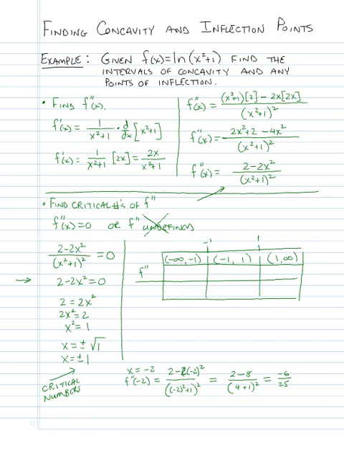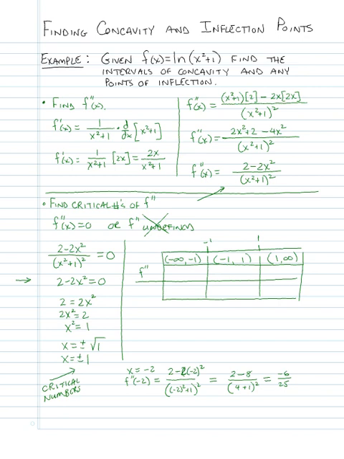Now, we could have made shorter work of this if we had noticed that the denominator is always going to be positive. We discussed that a while ago. No matter what x we put in there, the denominator is always going to be positive because we square the result of putting x in there, then add a 1, and then square that result.